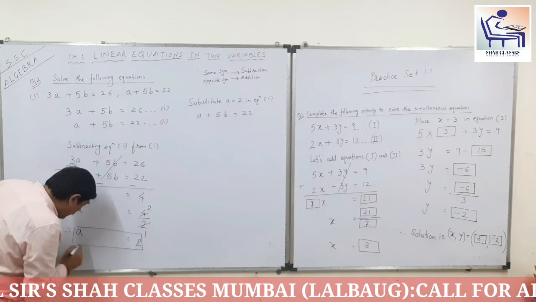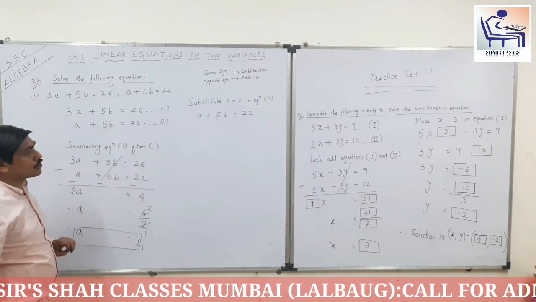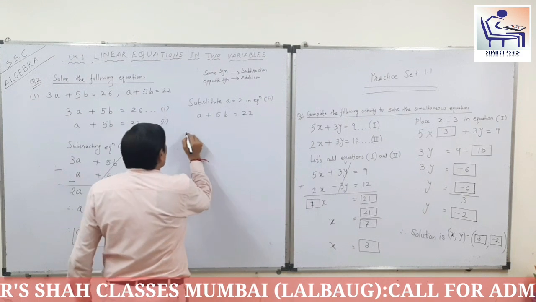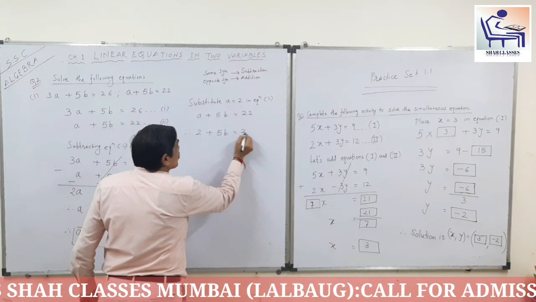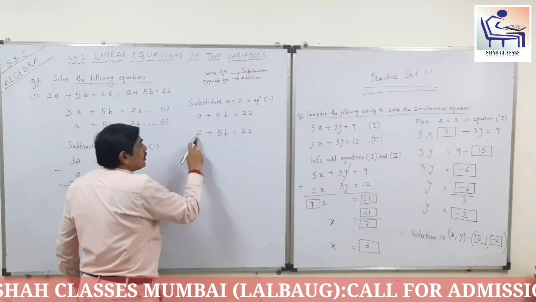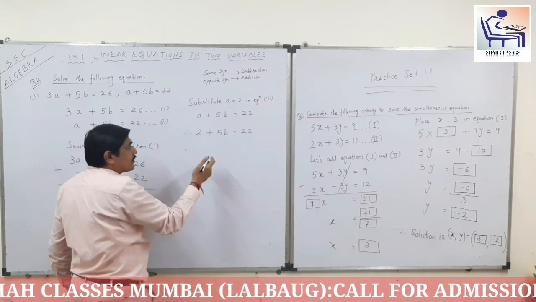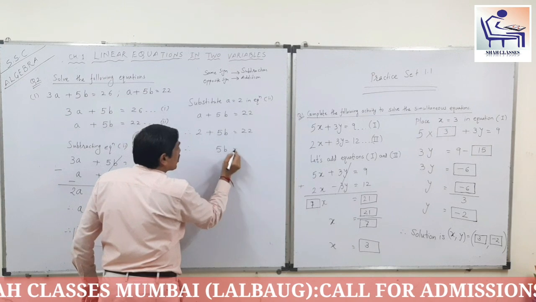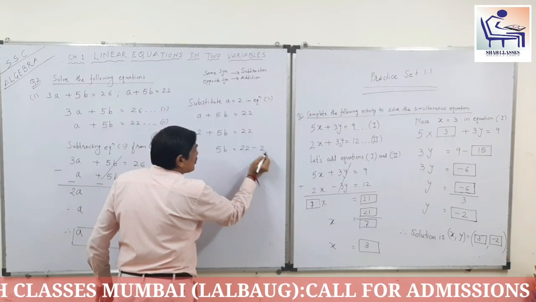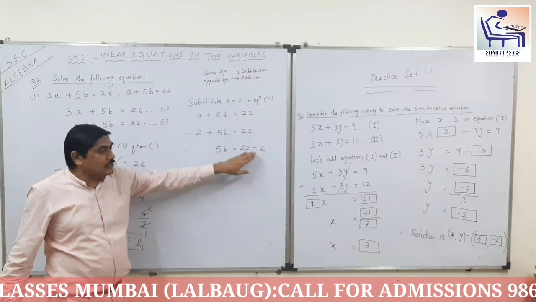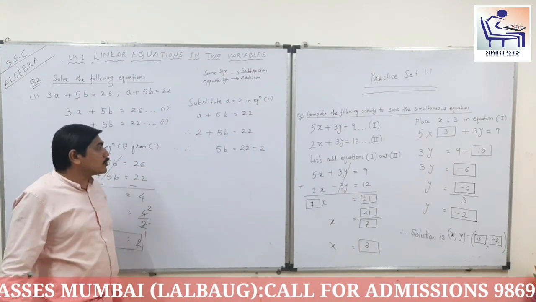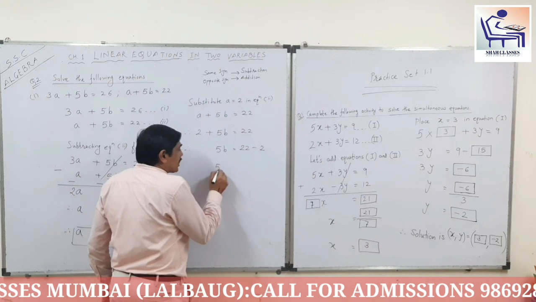So now 2 plus 5b is equal to 22. Transfer the 2 to the other side. So positive becomes negative. So 5b is equal to 22 minus 2. 22 minus 2 becomes 20.